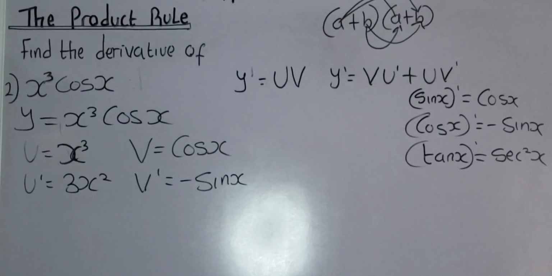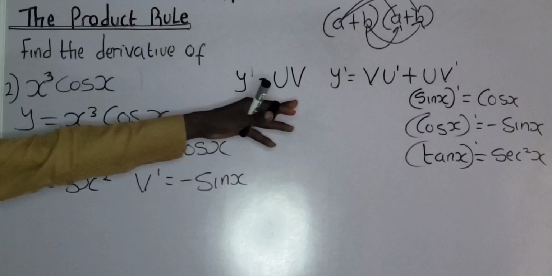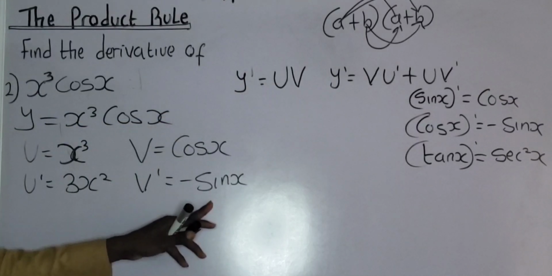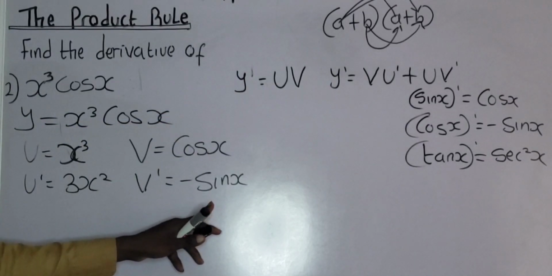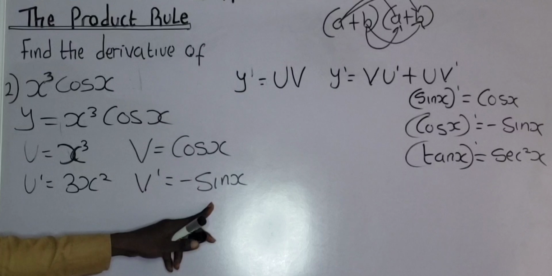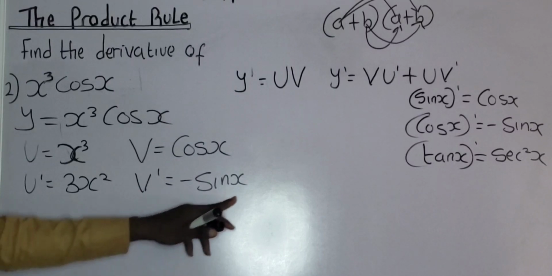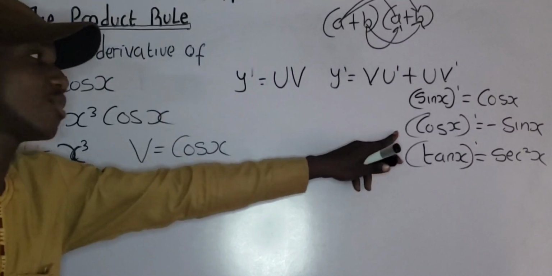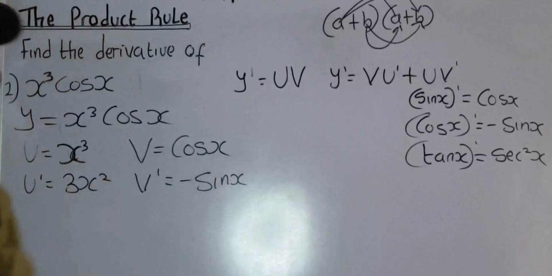Now, the next step is that we are going to substitute all this into this formula. Please, don't get confused. When we get to the derivative of trigonometric functions, I'm going to show you how we got minus sine x when we differentiate cos x. Now let us proceed.